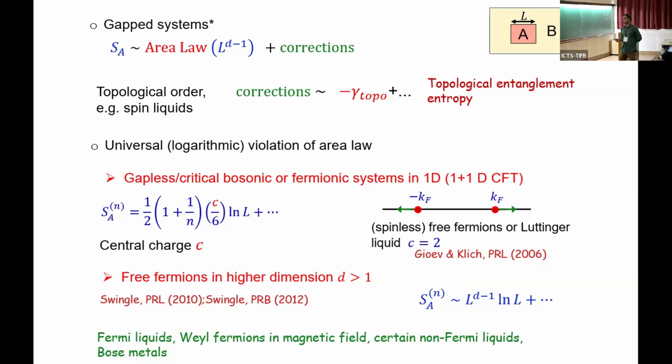If you have a free Fermi gas, or even a Fermi liquid, you can actually calculate the coefficients, known as Widom coefficients, numerically, and also for the free Fermi gas. It's essentially determined by 1D: you have a Fermi surface, and at the Fermi surface you think about many decoupled 1D modes going outward from the Fermi surface, and that gives you the counting of the prefactor.